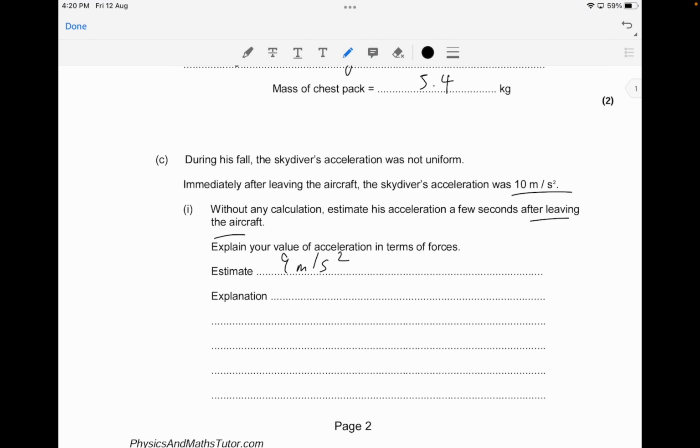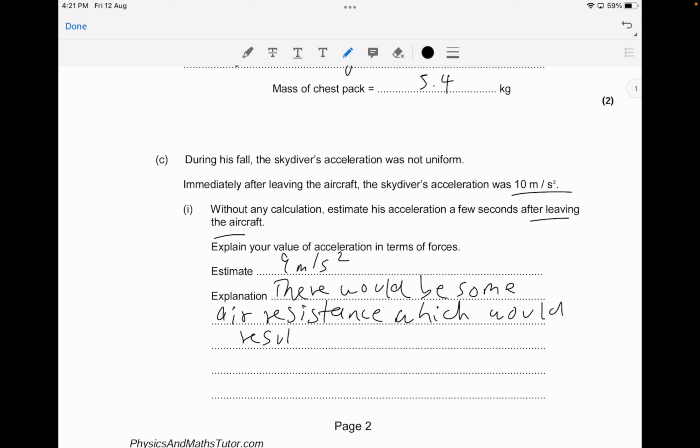The reason is that there would be some air resistance. Just like I said, when a parachutist falls, there is some air resistance, right? So there would be some air resistance, which would result in a reduced resultant force.